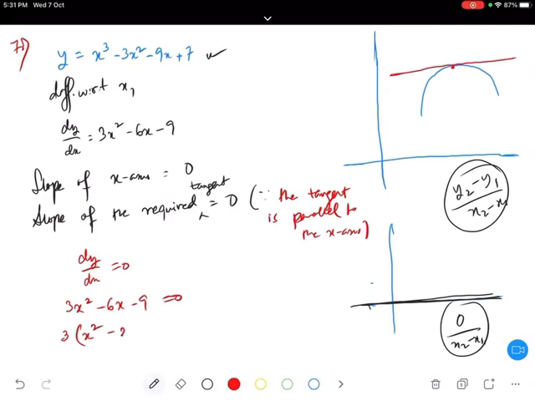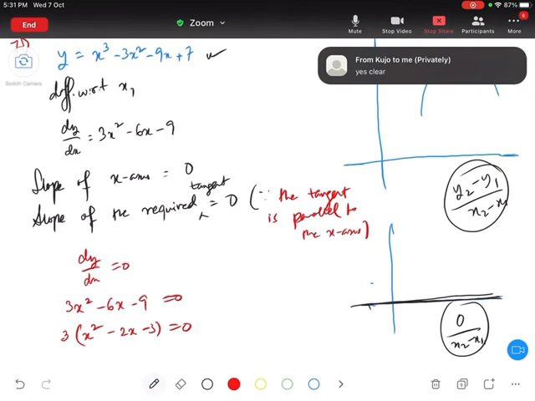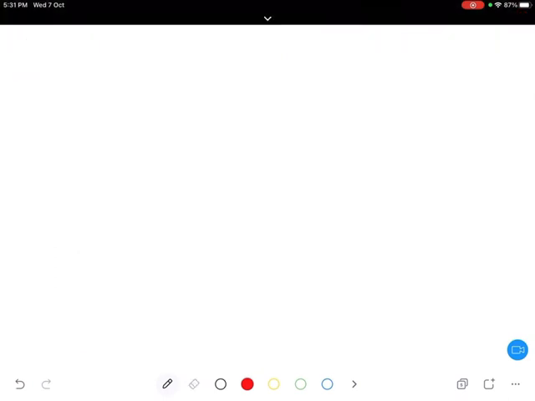So x² − 2x − 3 = 0. The 3 goes away, so basically we have to solve this quadratic equation, x² − 2x − 3. Let us solve it on the next page. x² − 2x − 3 = 0.